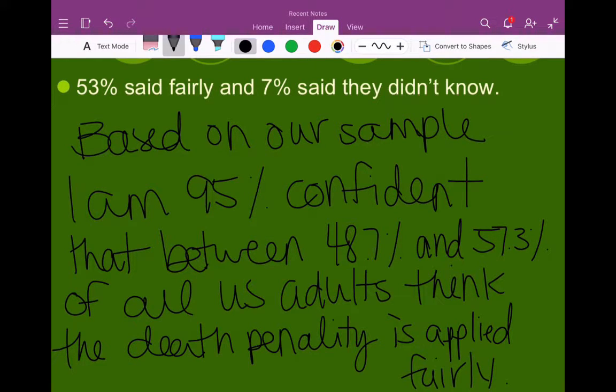So I've explained how confident I am, what my interval is, and what it means in context. And note I'm talking about all U.S. adults, not just our sample, but the entire population parameter.